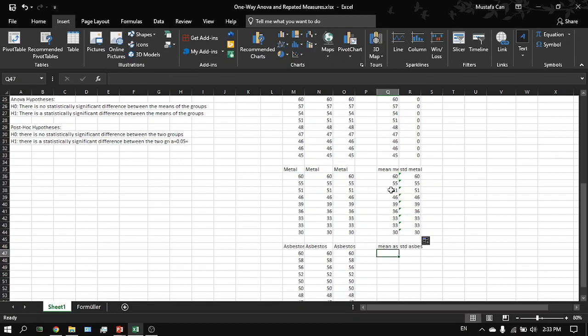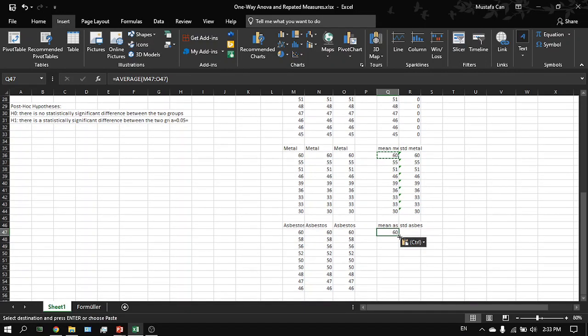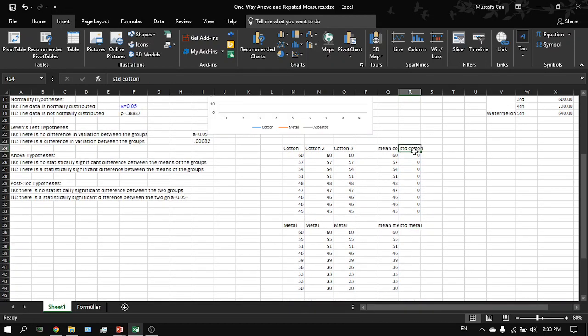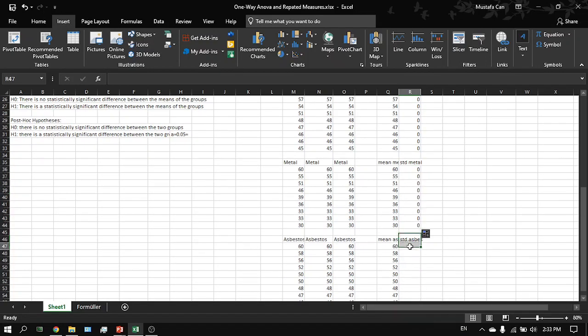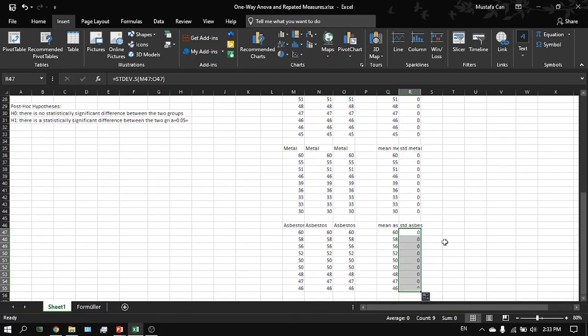So for working quickly, you can do this value, copy the value. This is wrong, not like this. I'll select this one like this. Yes.